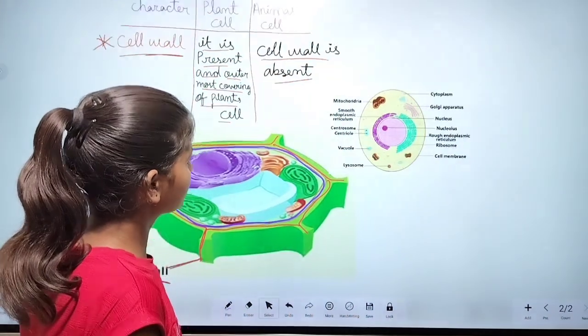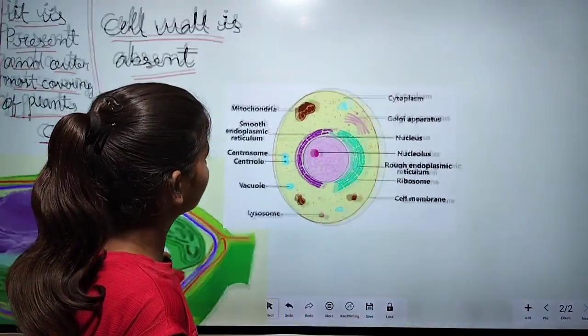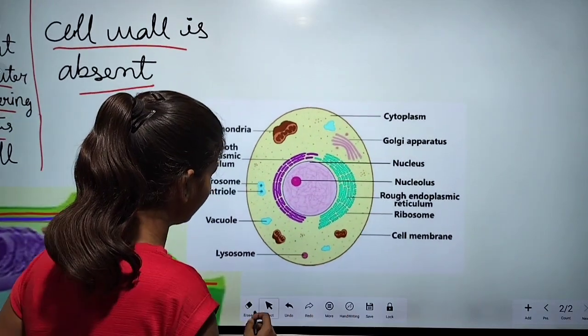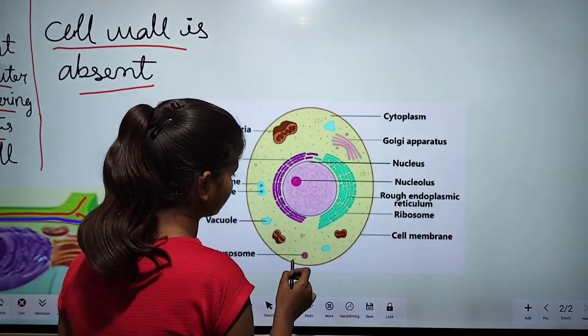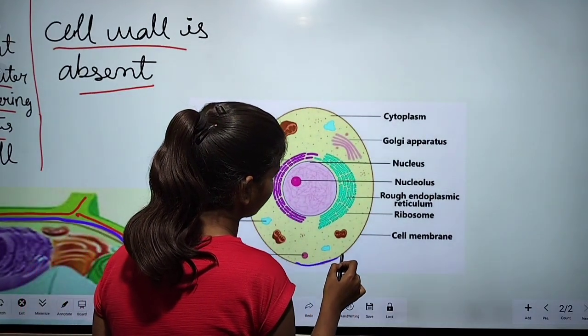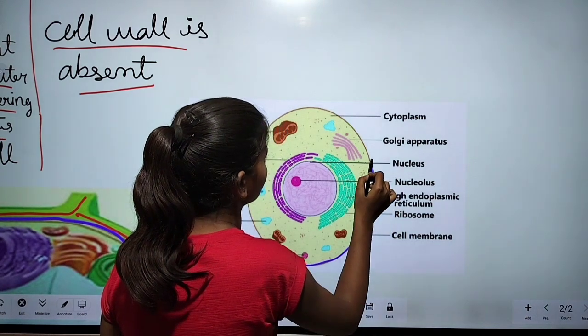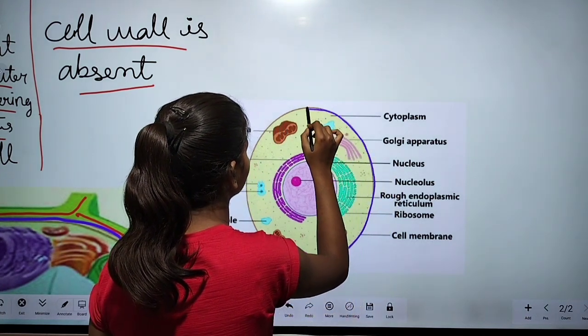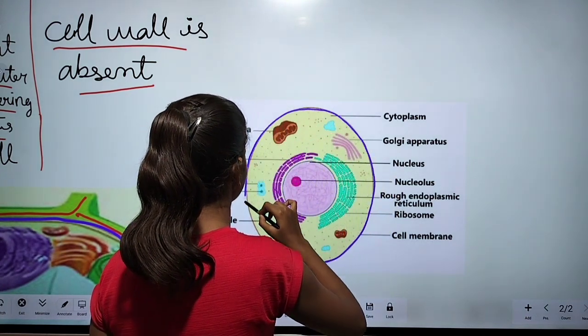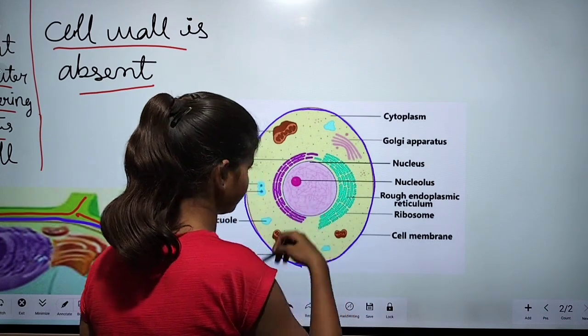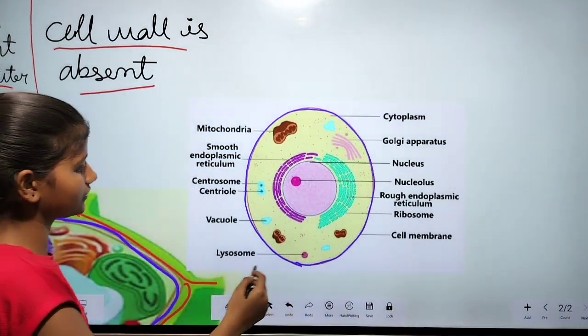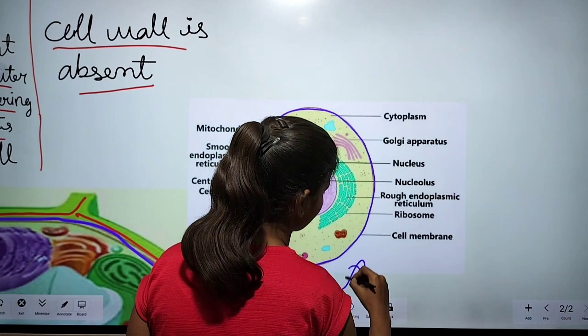But in animal cell, the outermost layer is plasma membrane, not cell wall. Cell wall is absent in animal cell. This one is a figure of animal cell.